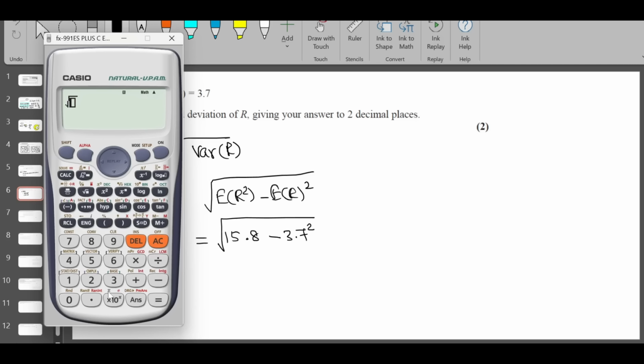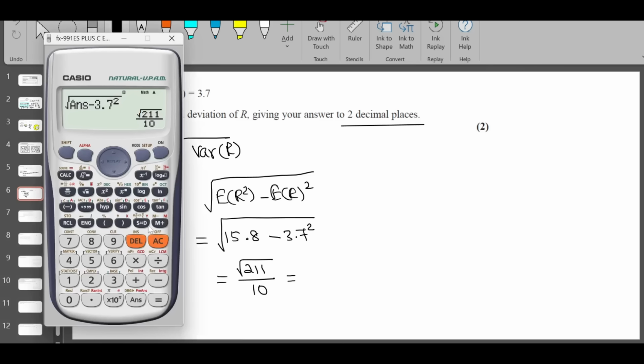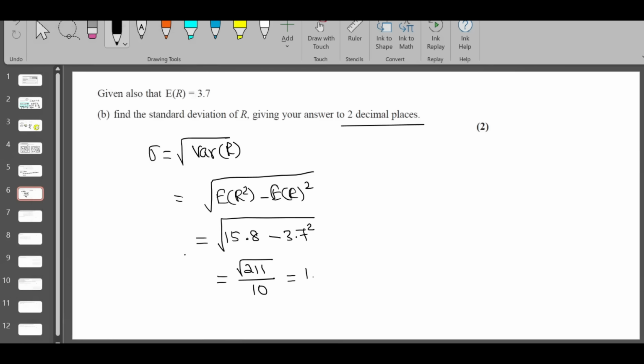Square root of answer minus 3.7 square. Okay, you can write it as square root of 211 over 10. But they want the answer to 2 decimal places. So it's 1.45. That's all.